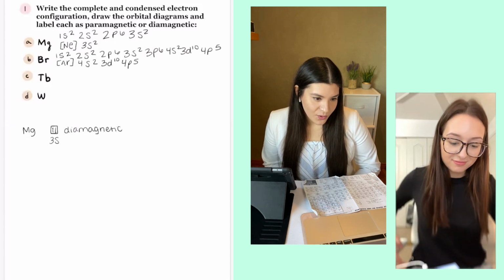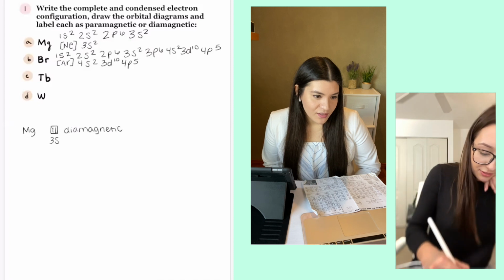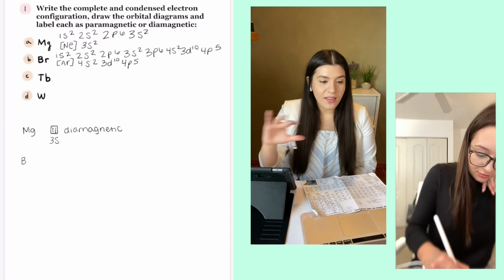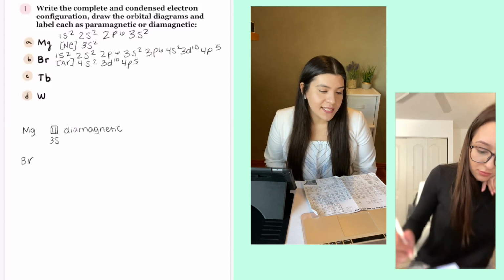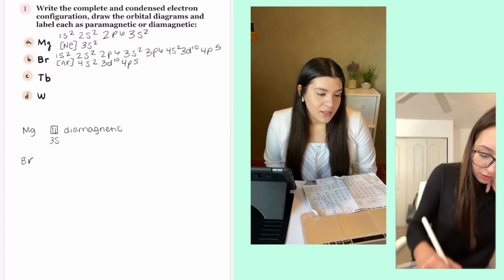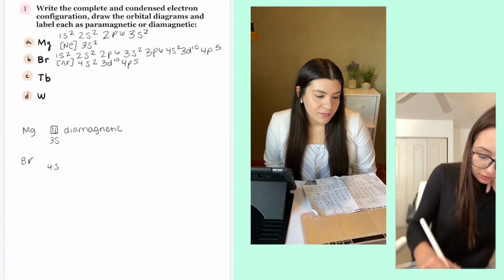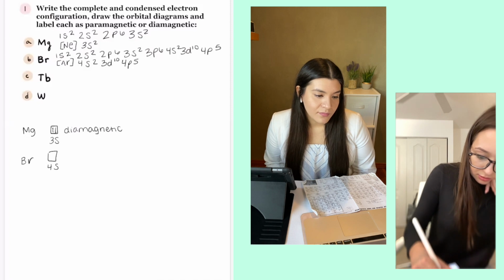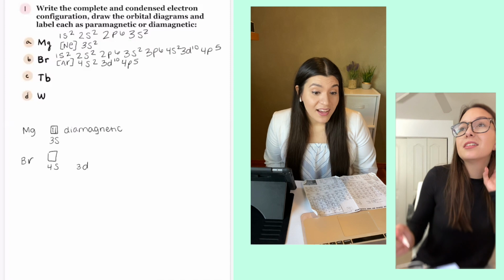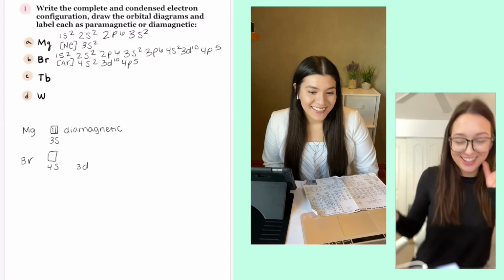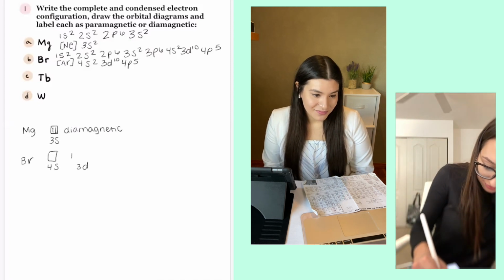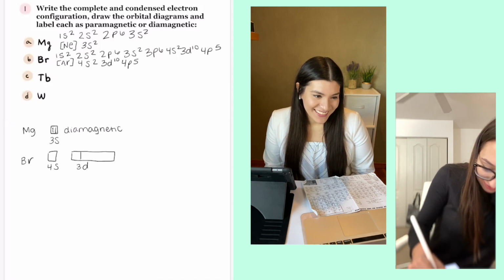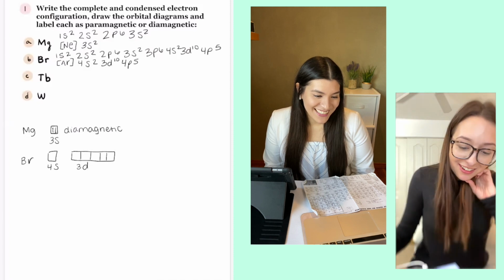Perfect. Now let's draw the orbital diagrams just using that last part: 4s2, 3d10, 4p5. Okay, so first I put 4s. So I'm going to draw 10 boxes? 5. Oh yeah, because there's 2 in each one. Is that 5? 1, 2, 3, 4, 5. Yes.